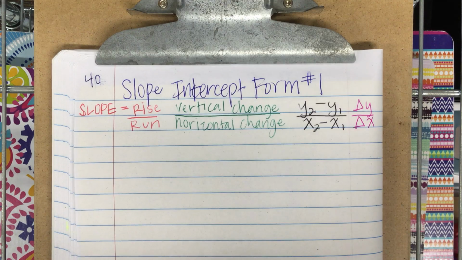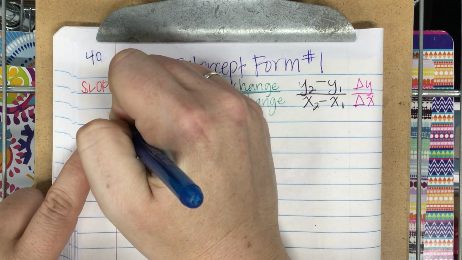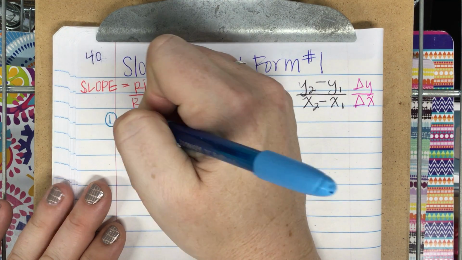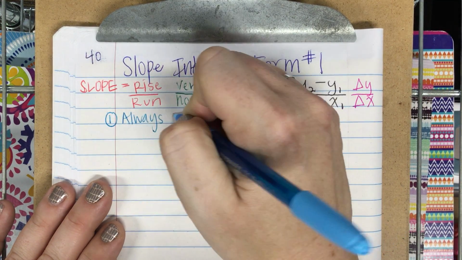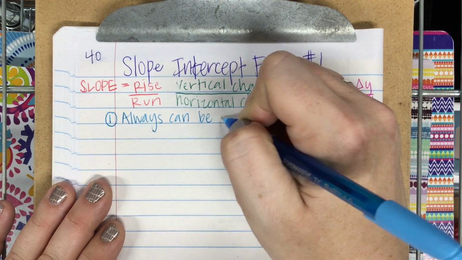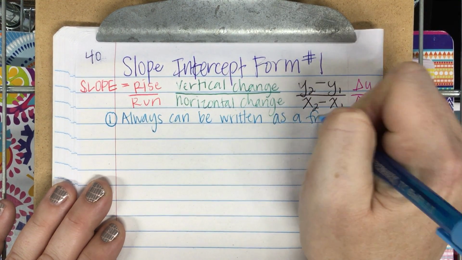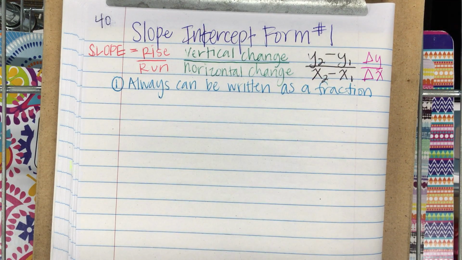We also know that your slope value can always be rewritten as a fraction.